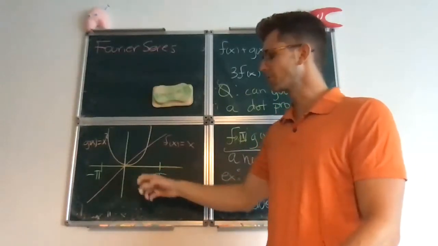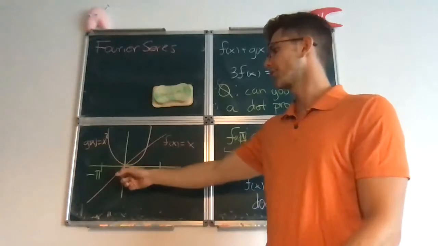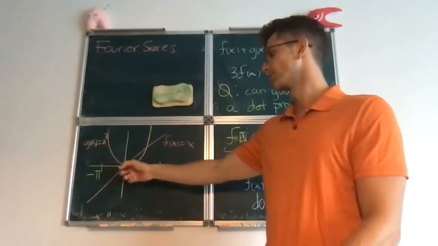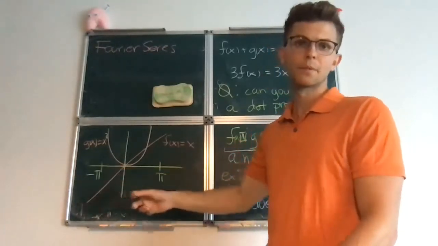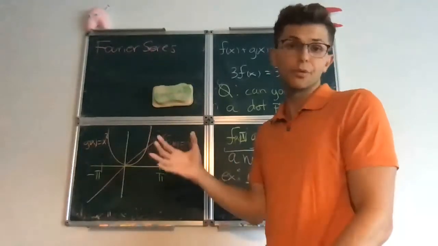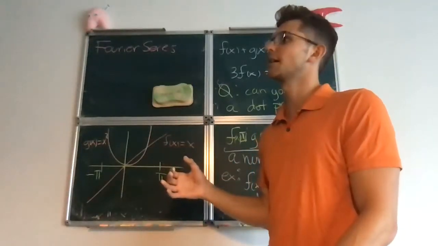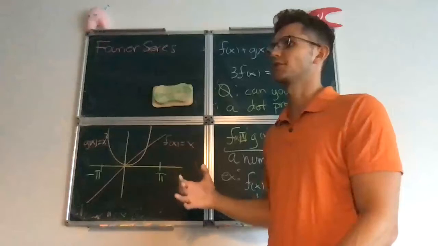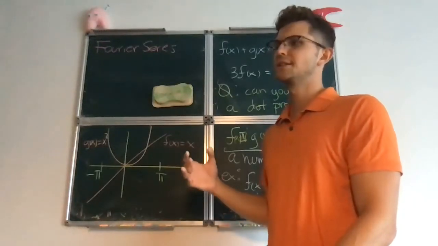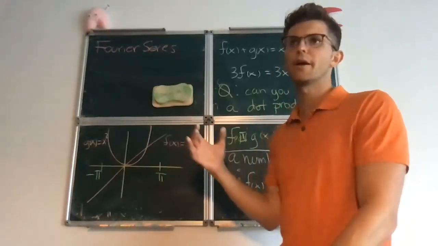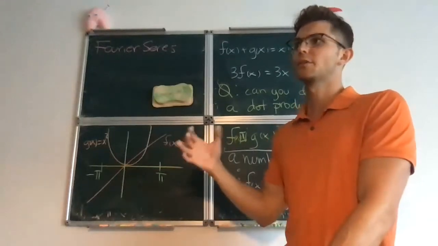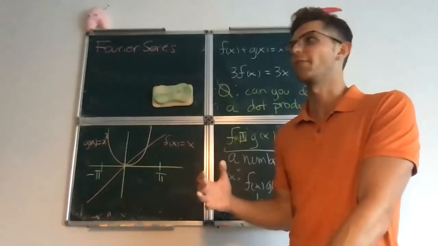You could also try evaluating the function at some point, like say 0, and you are extracting a number. The thing is, that number that you're getting from the function is not behaving in the way you would like it to behave in terms of the other properties that dot products have.